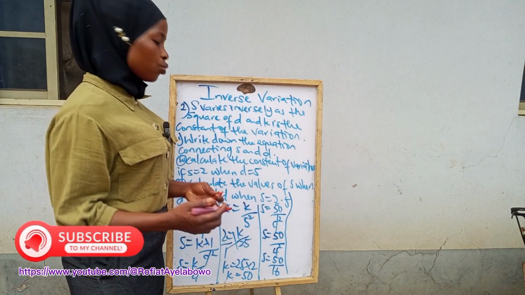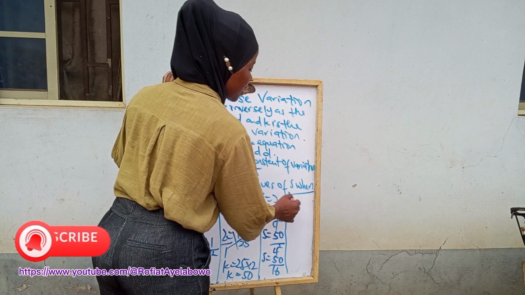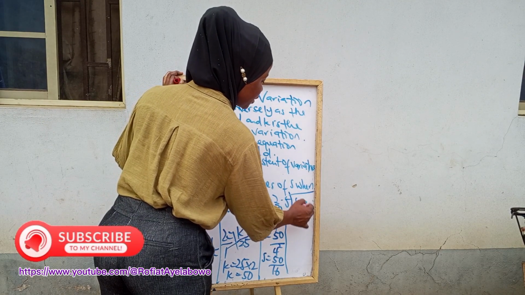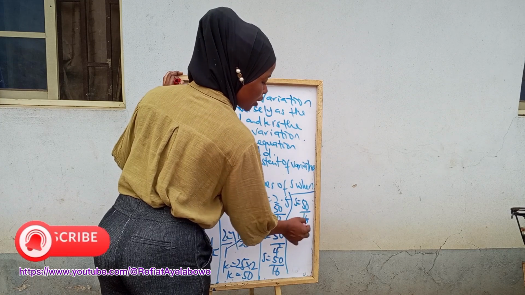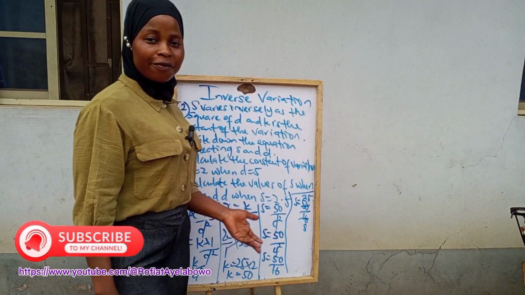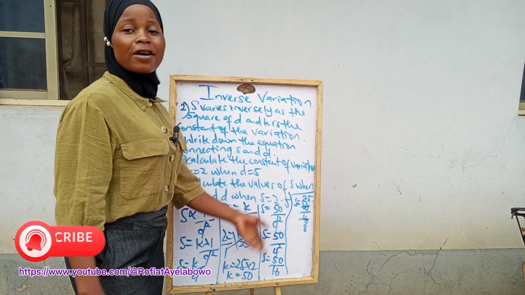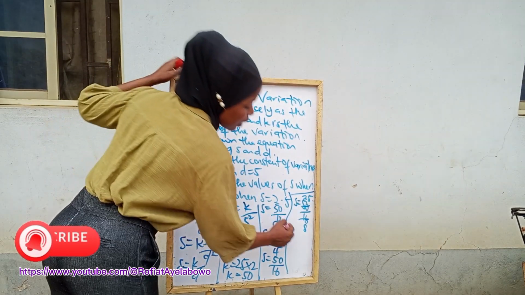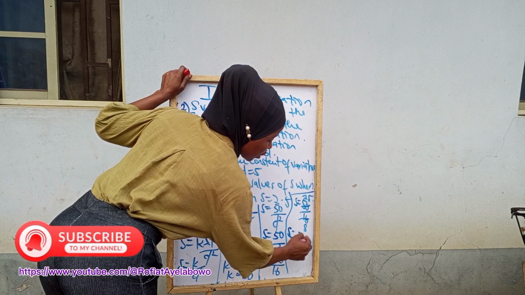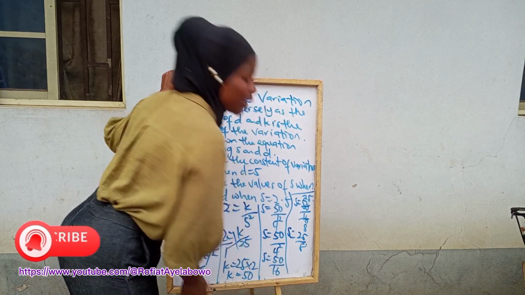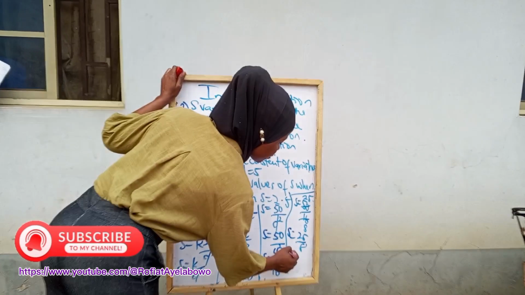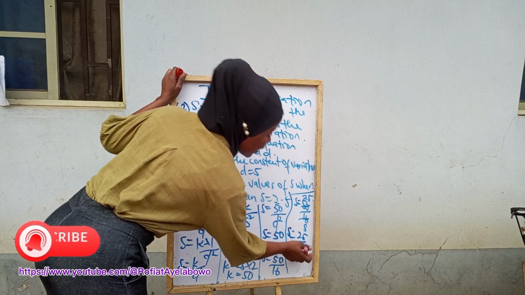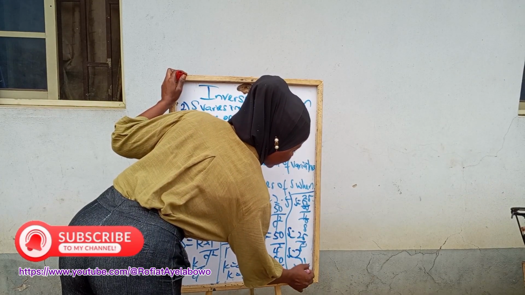Let's break them into simpler units. 2 into 16 gives 8, 2 into 50 gives 25. There's no factor that can go into 25 that will also go into 8. So we are going to have s is equals to 25 over 8. So let's change it to a mixed fraction. S is equals to 3 whole number 1 over 8.